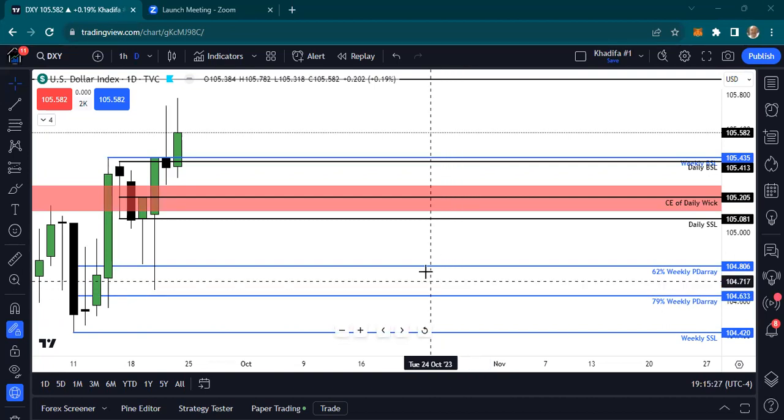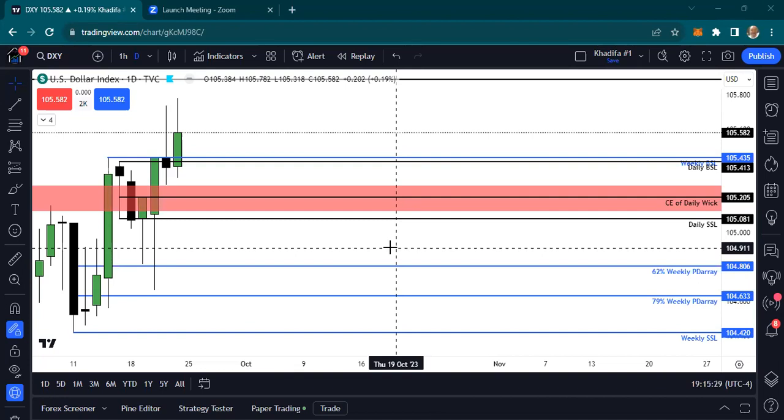So looking back over the week, looking at the pre-week analysis, I told you guys on Sunday, when I sent out the pre-week analysis, that I expected the dollar to open up the week bearish, right? And I expected currencies and futures to open up the week bullish.